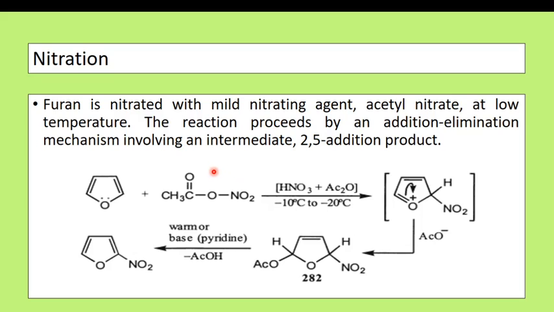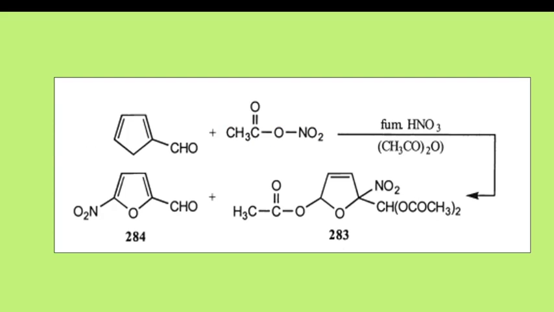In presence of this mild nitrating agent, that is acetyl nitrate, so this structure is for acetyl nitrate, CH3CO-NO2. It donates its NO2 to furan, and the substitution takes place at the second position, that is the alpha position. So this is a detailed mechanism.